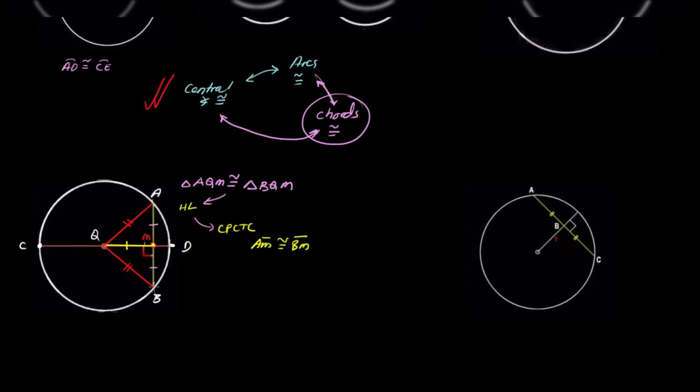And if a line divides a segment into two congruent parts, then it bisects that segment. So as you can see, this diameter divides the chord into two congruent segments. So that's how we prove that the diameter bisects a chord if it's perpendicular to the chord.